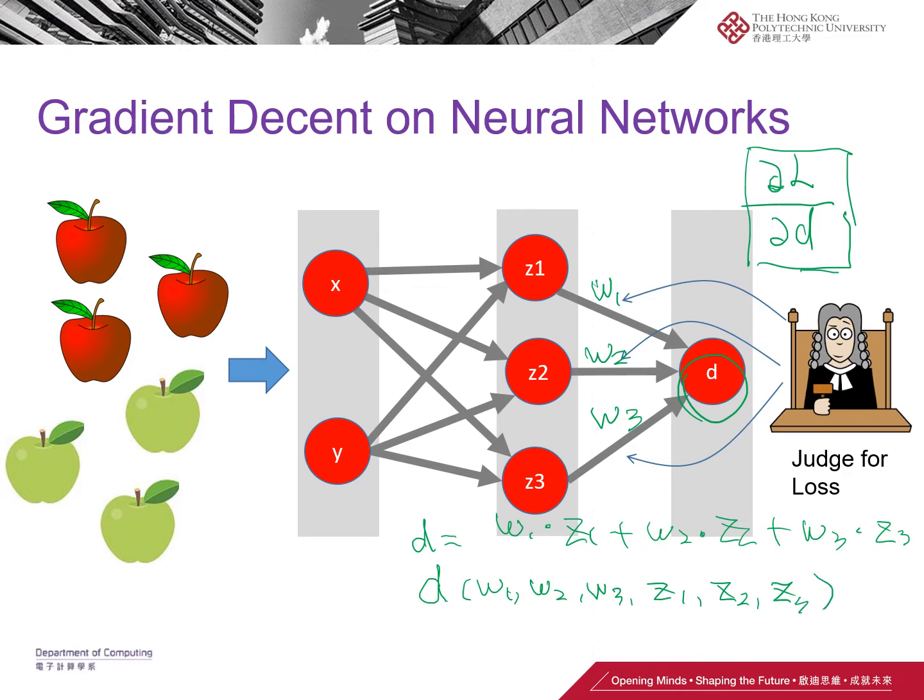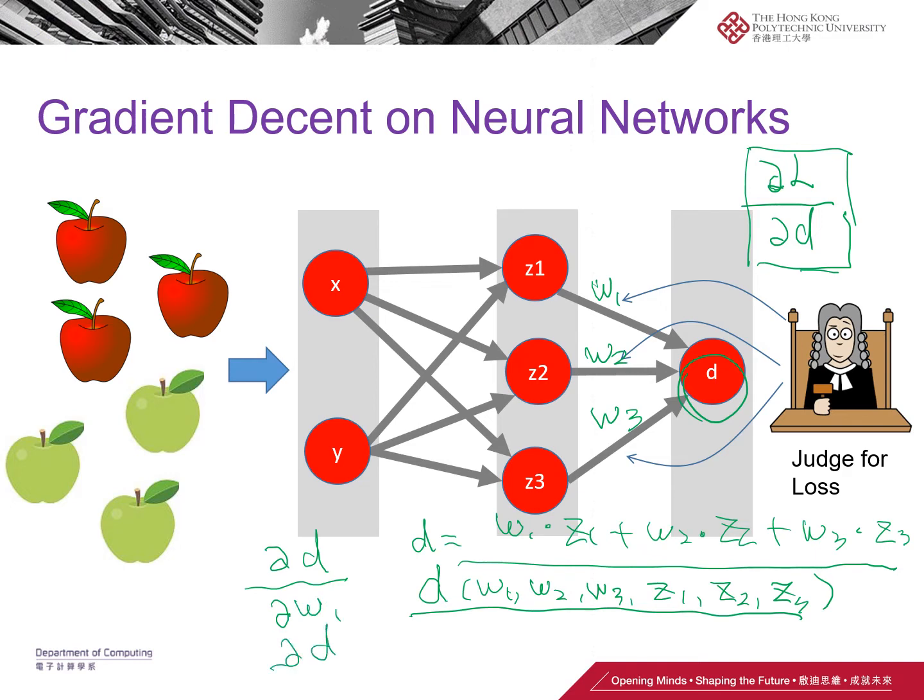In that case, when this representation is known, it's easy to calculate the partial derivative of D to the W, and also it's easy to calculate the partial derivative of D to any of the Z there.